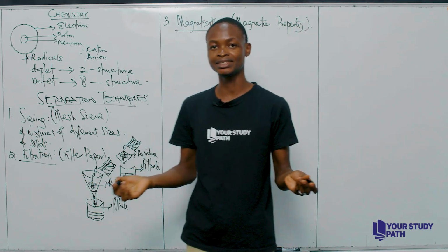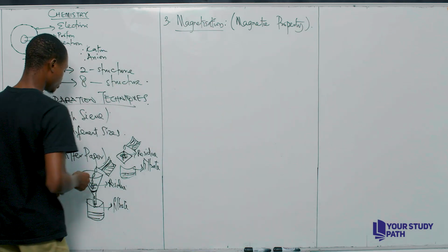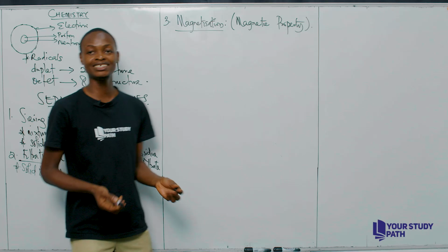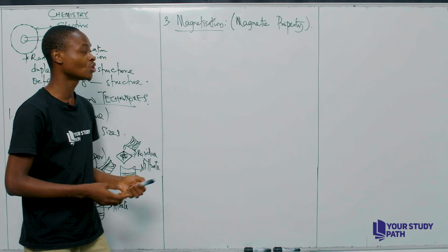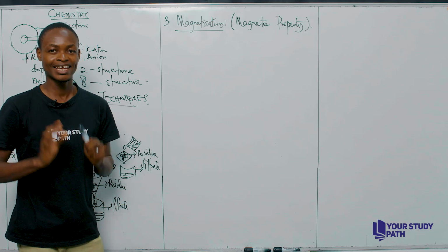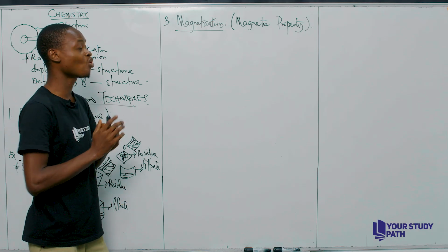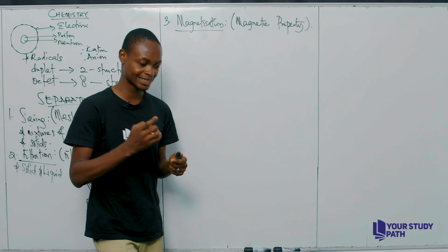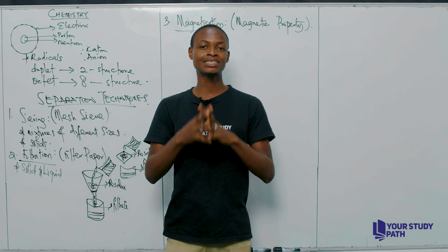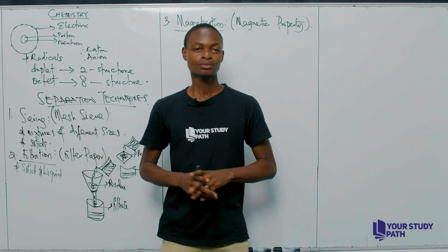So it makes sense. Where in sieving we needed mixtures of different sizes, and in filtration we needed a solid and a liquid, for magnetization all we need to care about is magnetic property. In essence, it means that we can only use magnetization as a technique if one of the constituents of that mixture has a magnetic property.